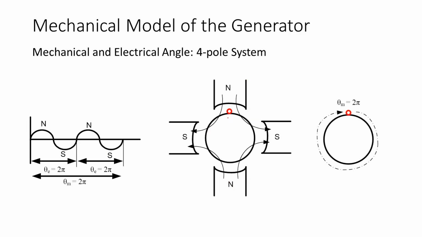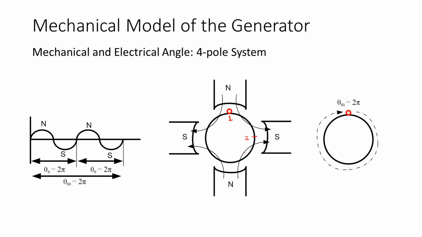So again, tell me, when you are in position 1, will you have maximum or minimum linkage? Minimum. When you are in position 2, maximum or minimum? Maximum linkage. Everyone agrees it will be maximum?